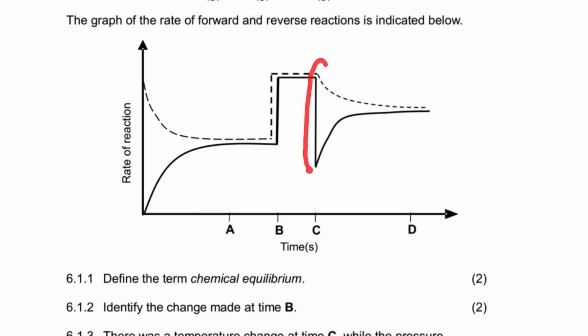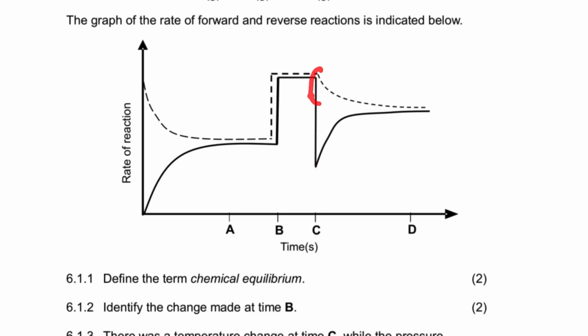And here, if you're looking at this, there's a decrease in the rate. There's a decrease in both rates. But if you look, the reverse decreases more. That means the reverse is not favored. The one that is favored is forward. So if you look at the decrease, immediately the forward is taking the gentle curve, and then the reverse is going straight down.